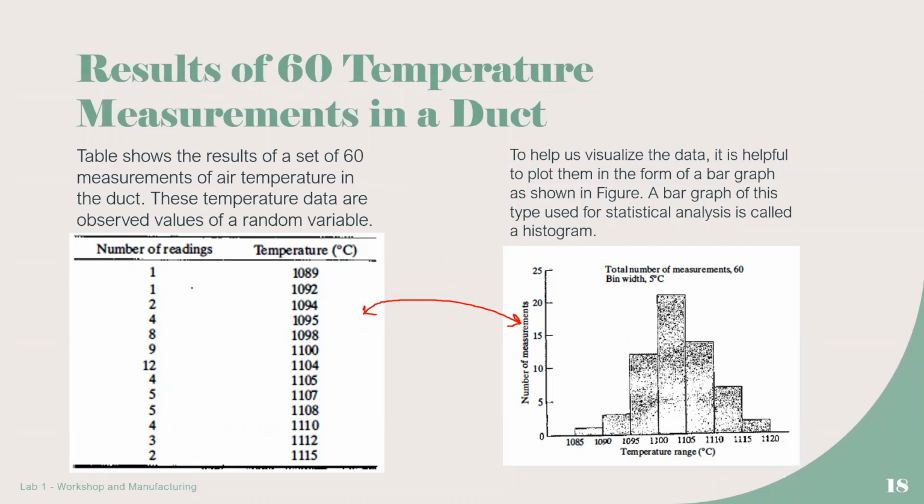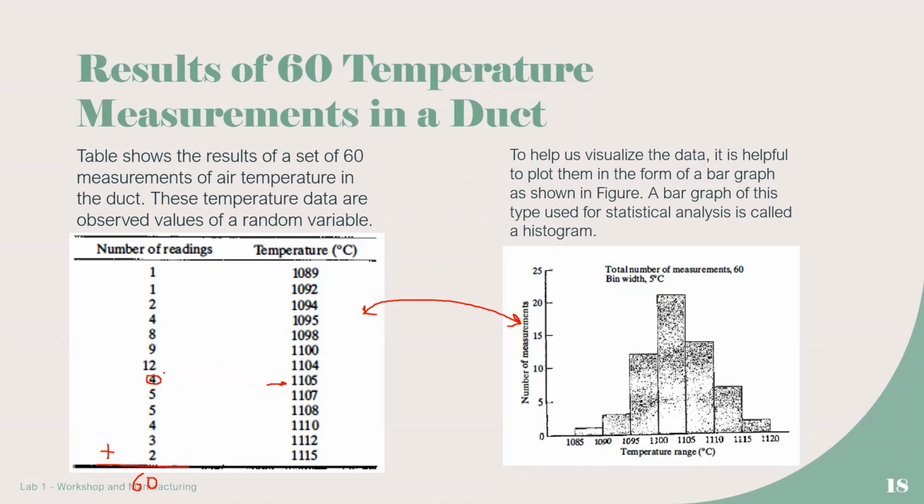How to read them? In the table on the left, basically we have a total of 60 measurements. Let's say for 1105 degrees Celsius, we had 4 measurements.